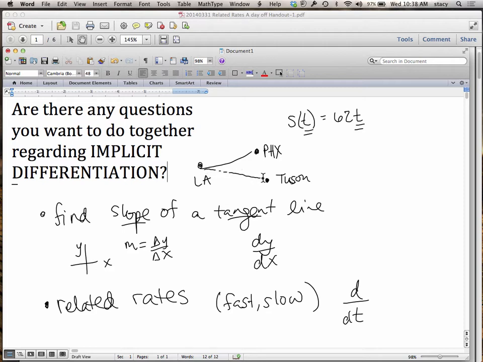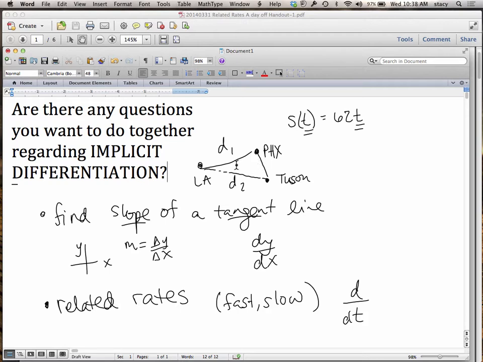Let's say I have a friend in Tucson and I care about how fast I'm running away from them, okay? Well, then now I've got a whole bunch of quantities at play, right? I've got the distance between Phoenix and LA. I've got the distance between Tucson and LA. And I've got the distance between Phoenix and Tucson, which is always constant. Thank goodness, right? Lest there be a really big earthquake soon.